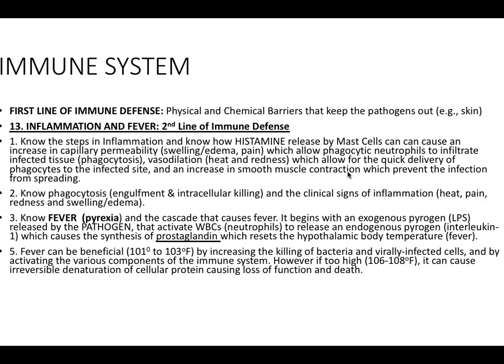However, when this happens in the respiratory tract, the smooth muscle can actually decrease the ability for a person to move air in and out of the respiratory tract. Okay, phagocytosis. Big thing I just want you to know is that phagocytes are mainly neutrophils, and they're able to understand where you have a pathogen versus a healthy cell, and they will target that pathogen, engulf, and kill it.